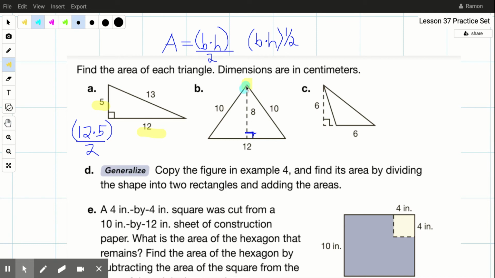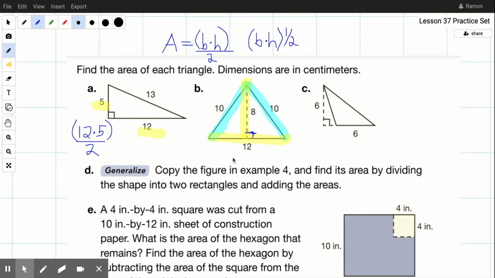These equivalent sides, while they are part of the triangle, are not the height because they're not perpendicular to the base. Any height of a triangle has to be perpendicular to the base. Otherwise, it's not going to work as the height. So the height is not 10, it's actually 8, because that's what's perpendicular to our base of 12.